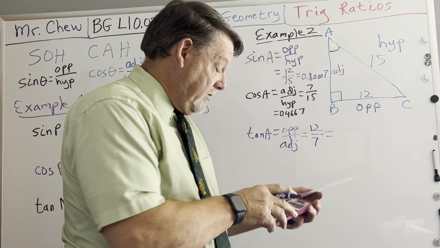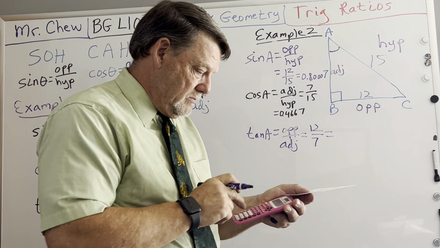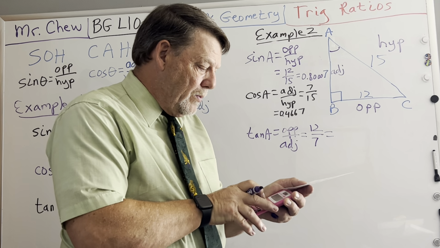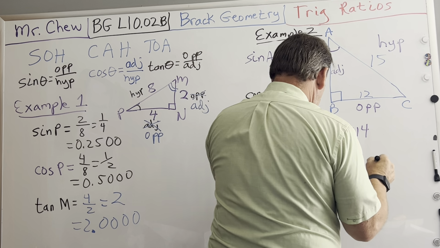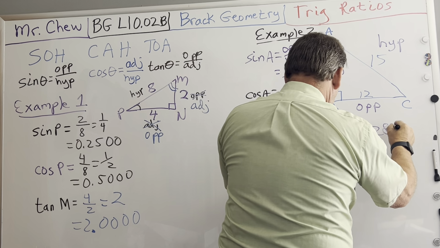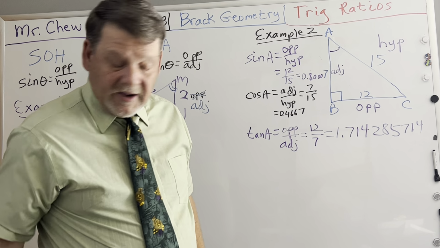It's not quite 2, because 2 would be 14 over 7. 1.714285714. See, I'd have to have a calculator for that.